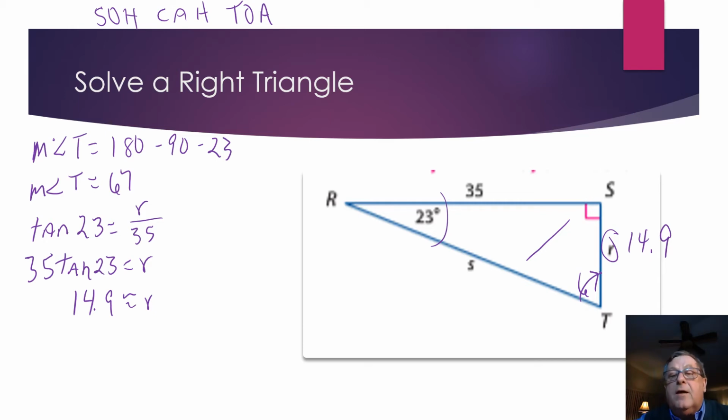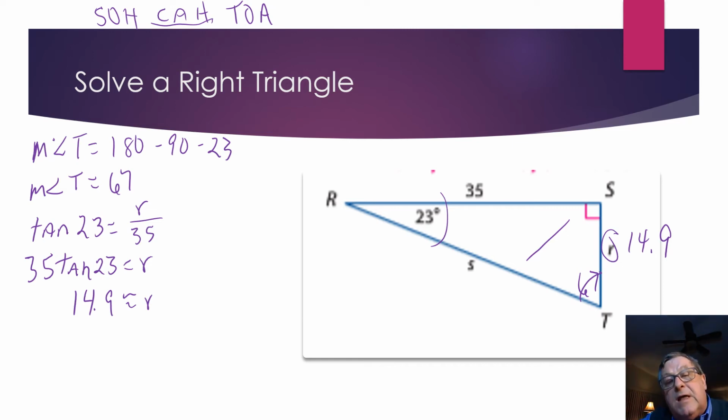And I've been given this angle of 23, and I've been given this adjacent side of 35, and I need to find the hypotenuse. And so let's see, adjacent, hypotenuse. Well, by SOHCAHTOA, I must want to use the cosine function.